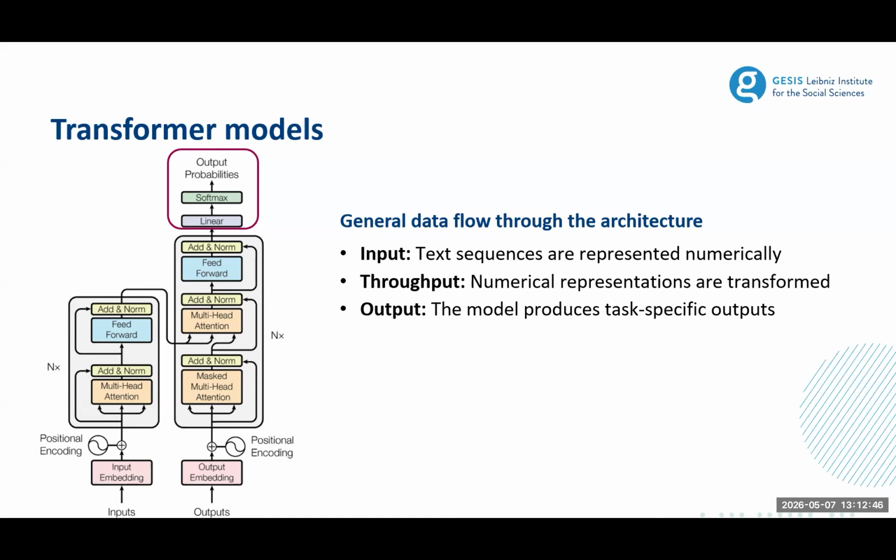An open-ended answer is sent through the model, and in the end you have probabilities per category. For each of the 10 categories, you get a probability whether the text belongs to that category or not. So this is a very basic processing within transformer models.